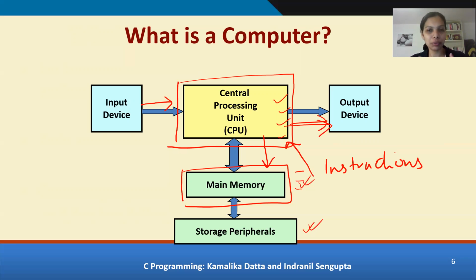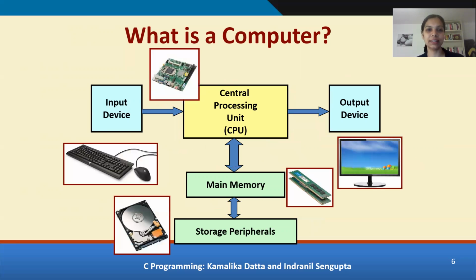It gets processed. We will see how it gets processed for the C language in the course of time. But generally, let's assume that it gets processed. And then you see the output of your program in an output device, which is your monitor, right? So if you see this whole process of writing a code, executing a code, and then getting output, the whole computer does it in some way or the other, okay?